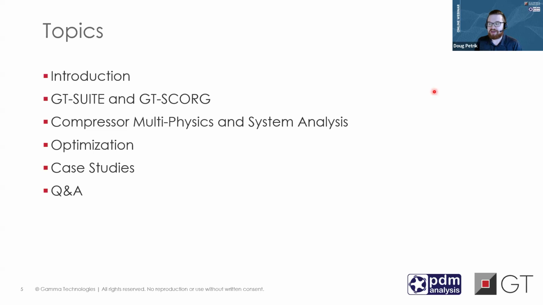Then we'll talk about GT-SCORG, which is a new feature that we've added into the software, and how you can use that for compressor multiphysics and system analysis. We'll talk about optimization, and we'll have some case studies along the way. As a reminder, we do have a Q&A section at the end, so I encourage you to use the Q&A chat to ask any questions. It's being actively moderated by my colleague Matteo, so we'll answer those at the end of the session.